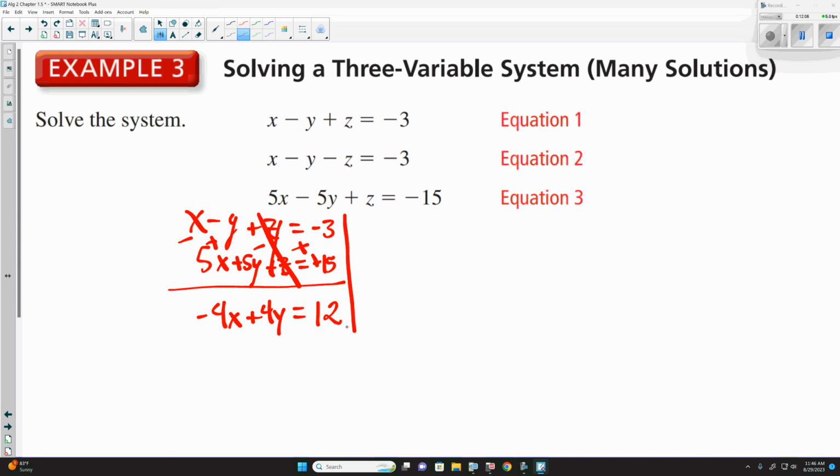So it's a little bit different. 5x, yeah, not plus. 5x minus 5y plus z equals negative 15. And we'd have the middle equation, x minus y minus z equals negative 3. But this time we would add because the signs in front of z are opposite.